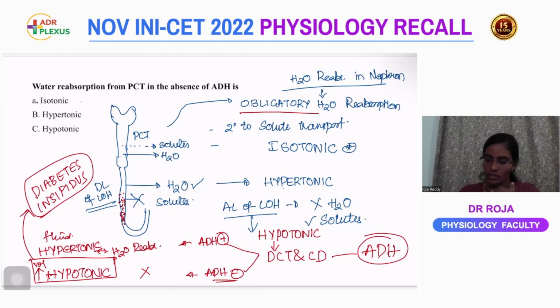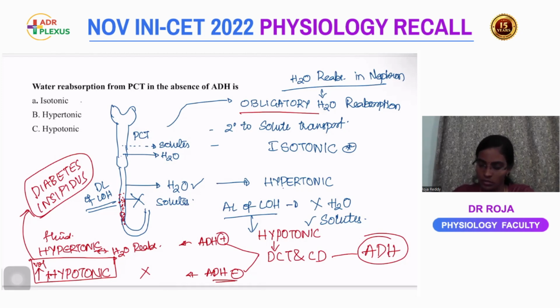So what the question is asking is whether the water reabsorption from the PCT in the absence of ADH is isotonic or hypertonic or hypotonic. Normally, when it is not given as PCT, the question is only water reabsorption in the absence of ADH, I mean, what is the type of urine that is excreted out? In the absence of ADH, it will be hypotonic.